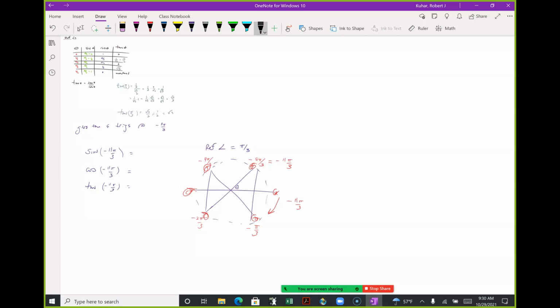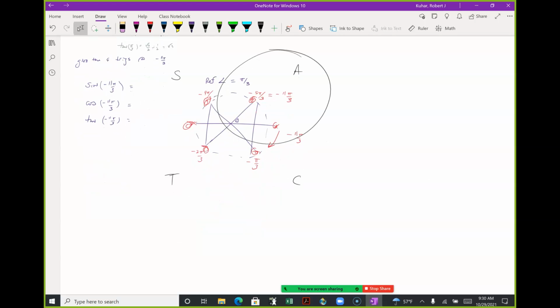Okay, so now I know all students take calculus, right? Provided that they do what? Pass pre-calculus, right? So I know I'm in the quadrant where everything is positive, and this is my actual triangle, right?